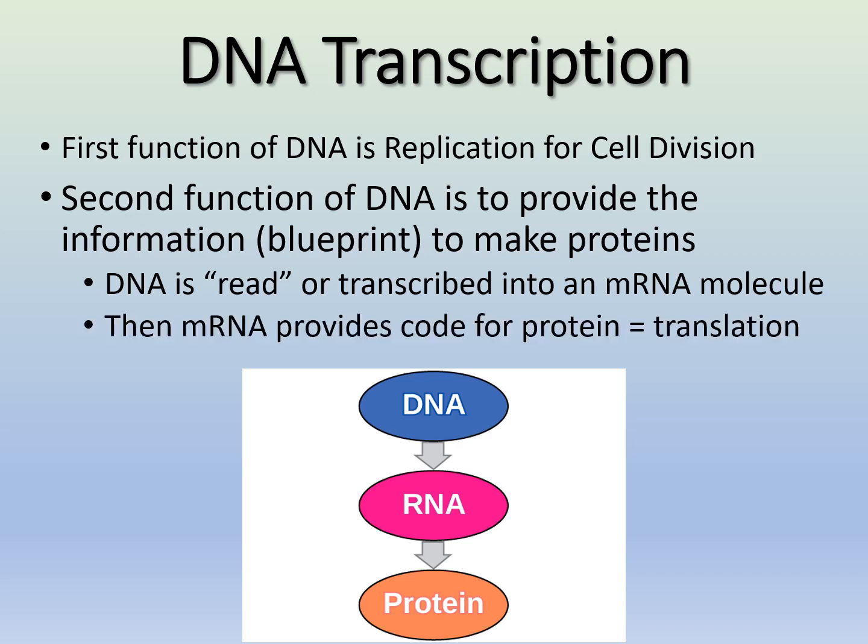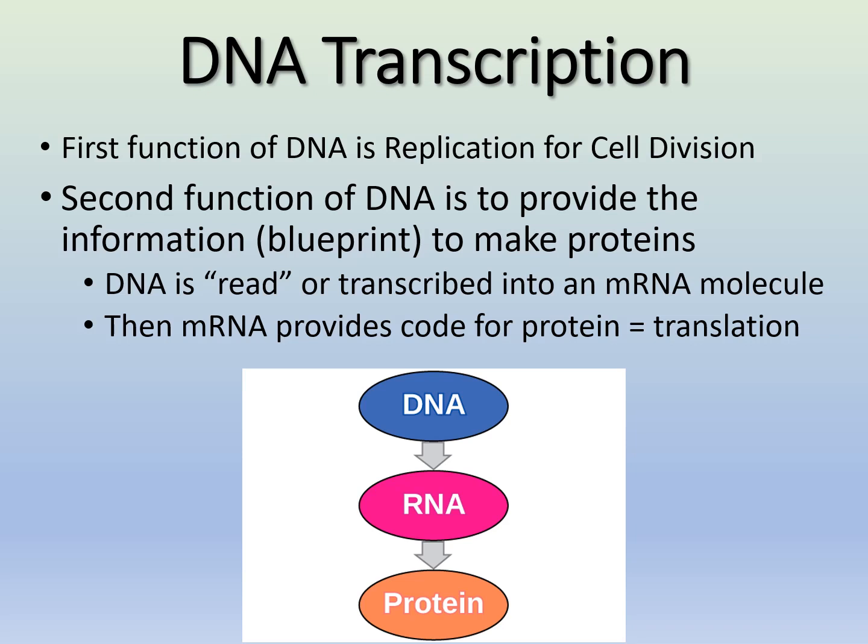That's what M stands for, messenger. So messenger RNA or mRNA. And then we use that mRNA molecule to provide a code for the proteins. Essentially it's like a secret code, and then we read that code and build our proteins.